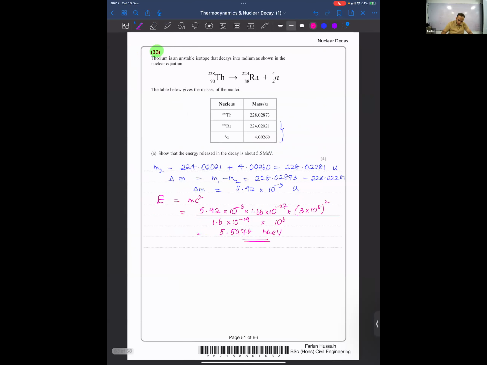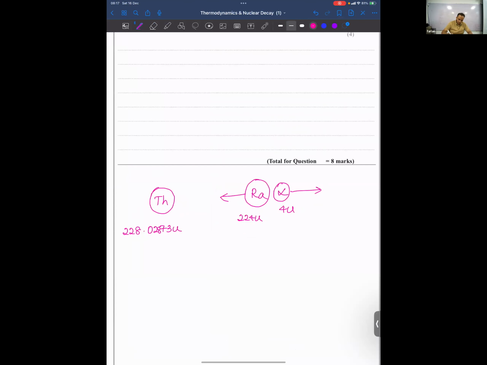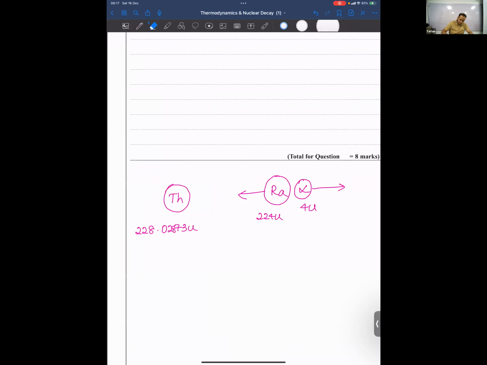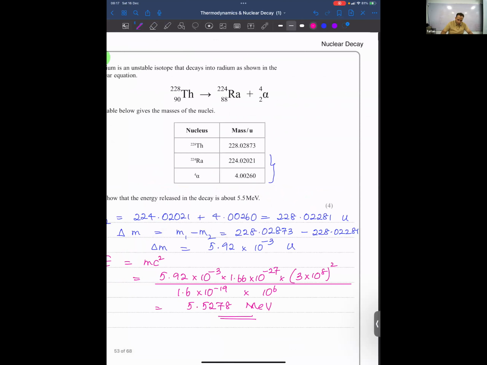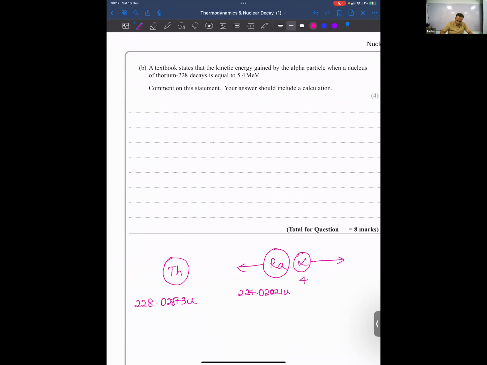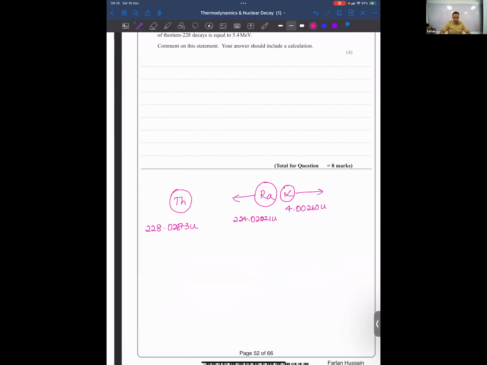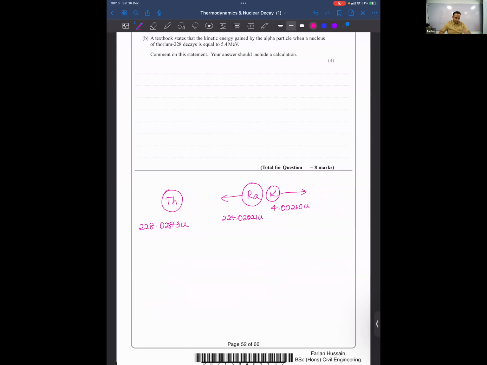Radium is 224.02021 u. And the alpha particle is 4.00260 u. These are their masses.